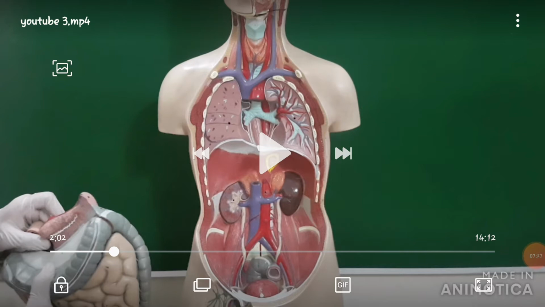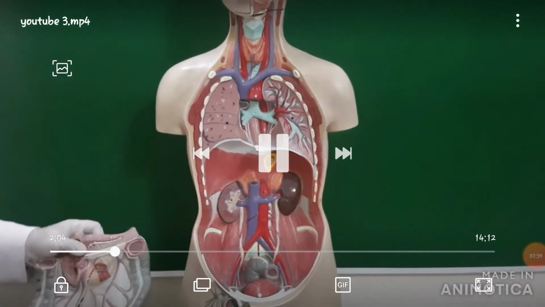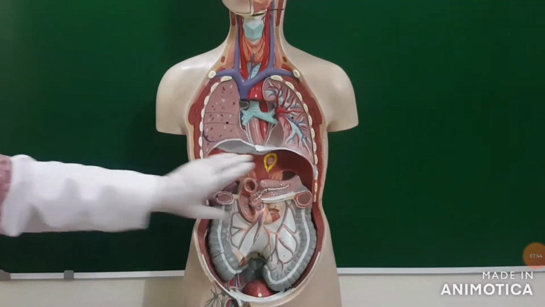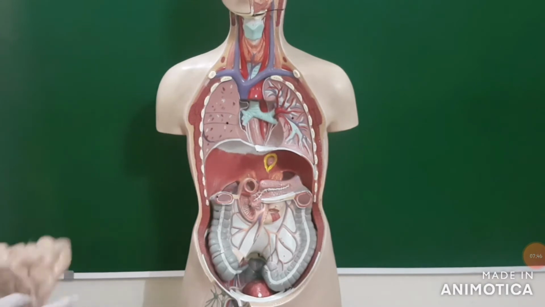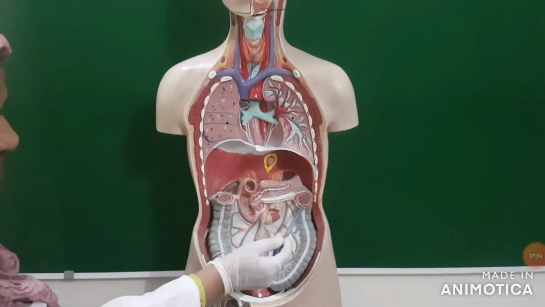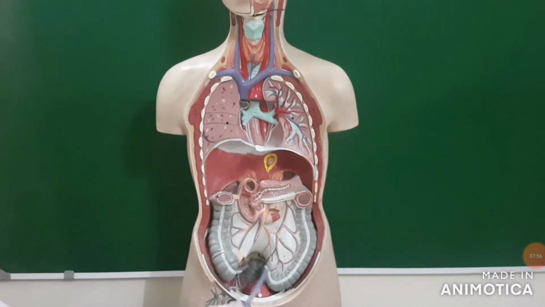Okay, now I just want to show you the placement of the abdominal organs within the abdominal cavity, how they are placed, so you can see what is the position of these organs within the abdominal cavity. Now that is the large intestine, the colon, and this is the ascending colon, this is the descending colon.